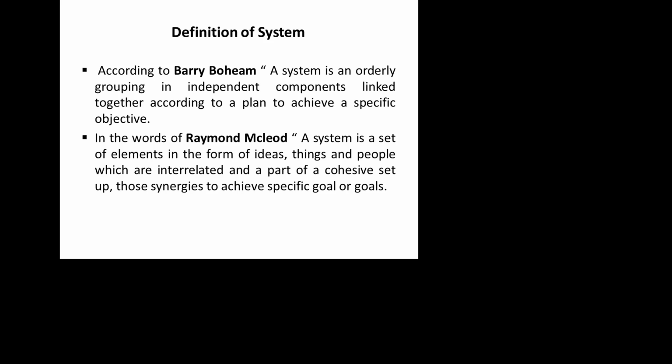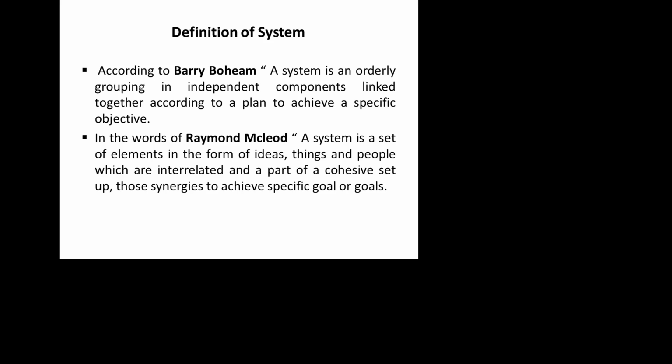Now let us discuss the definition of the system. There are many authors who have given the definition of a system. According to Barry Buchman, a system is an orderly grouping of interdependent components linked together according to a plan to achieve a specific objective.